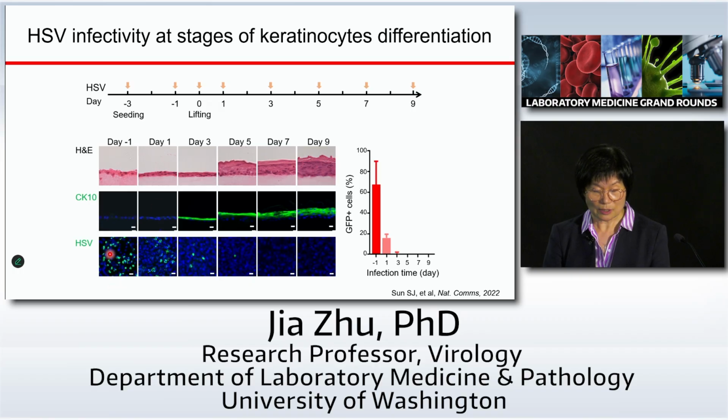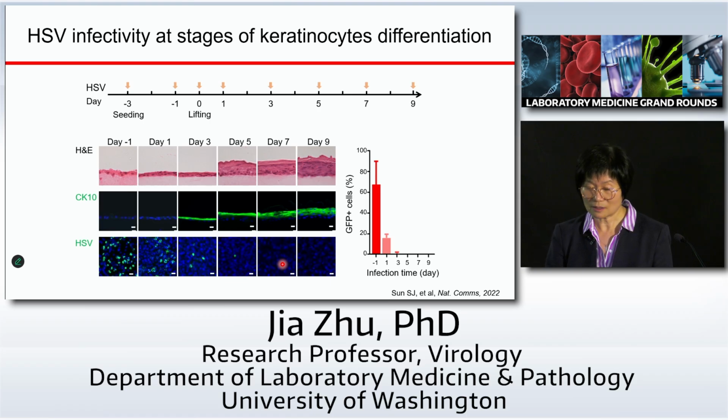The GFP expression indicates that undifferentiated keratinocytes are the most susceptible to HSV infection. Even 1 day after air-liquid interface, we see dramatic reduction. There's a 70% reduction in GFP expression. And after 7 days of differentiation, almost no keratinocytes were found to be infected.